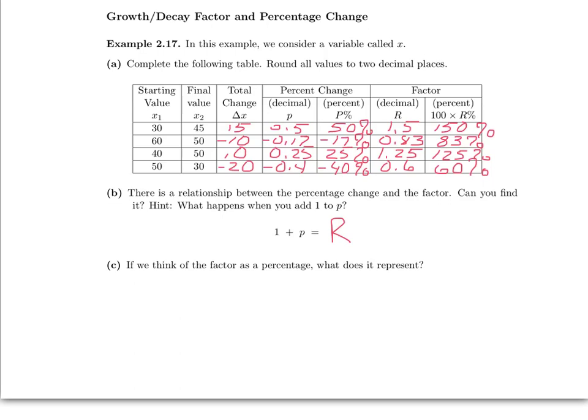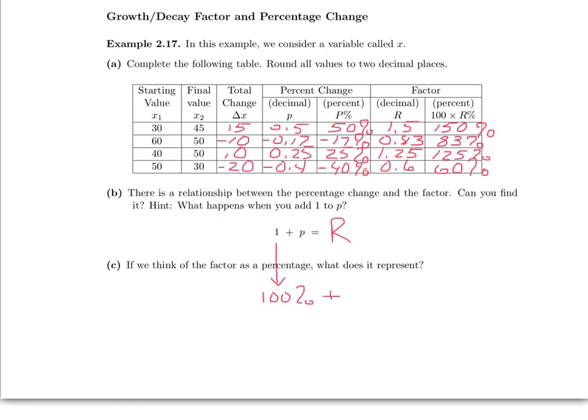Let's go and rewrite this equation with percentages instead of decimals. So we'll do this one term at a time. 1, written as a percentage, is of course 100%.